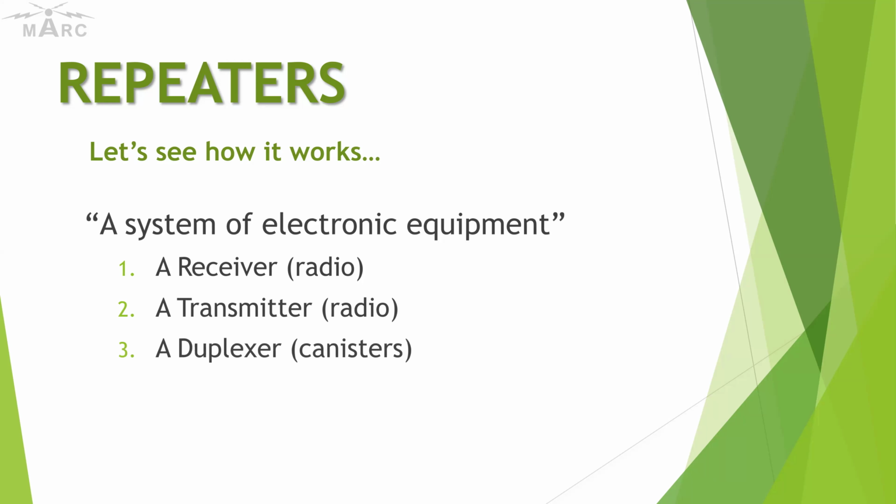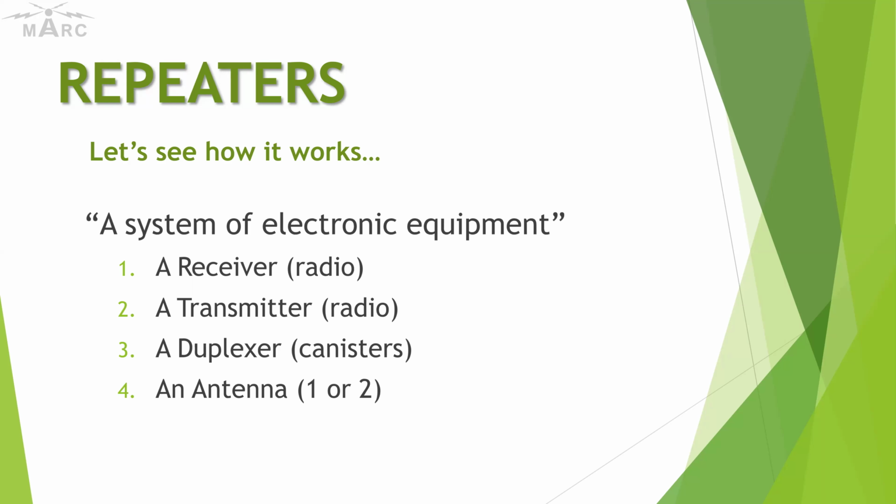You also have a duplexer, sometimes called canisters, sometimes called cavities. Then you also have an antenna, and that could be one antenna or two antennas. Some repeaters have separate antennas for transmit and receive. Some repeaters have a single antenna that does transmit and receive at the same time.